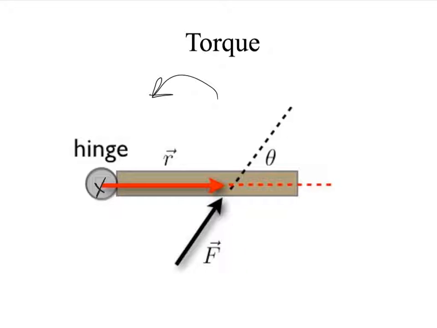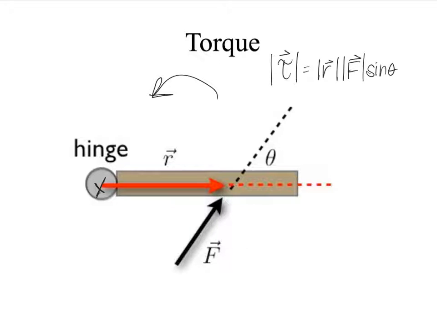The way that we calculate the magnitude of torque is the magnitude of the distance from the axis of rotation to where the force acts, that's r, times the force times the sine of the angle between them.